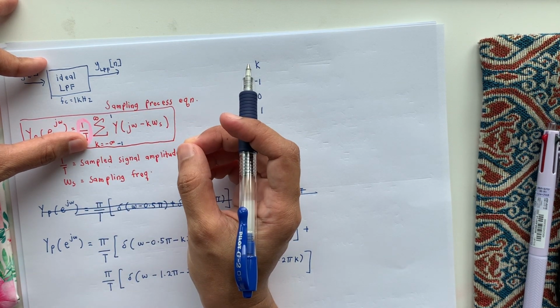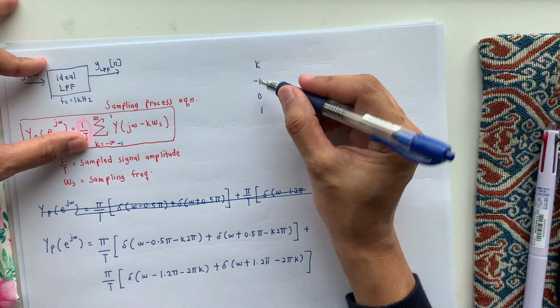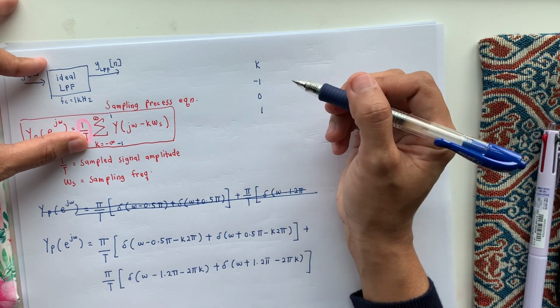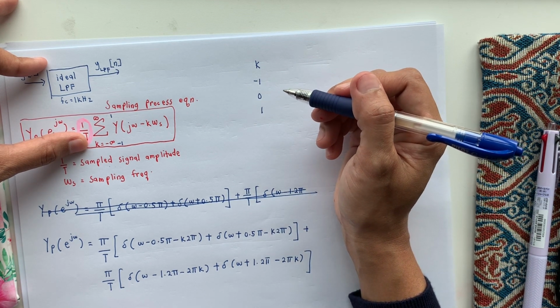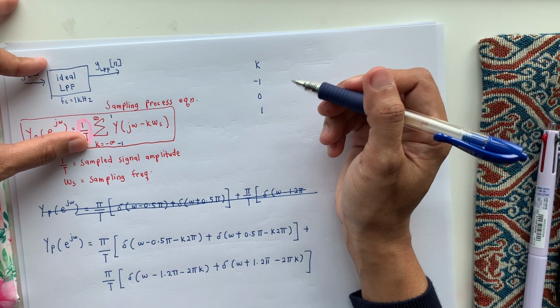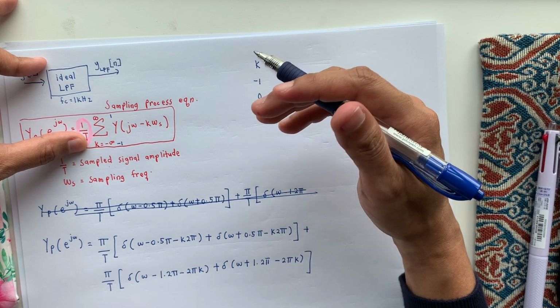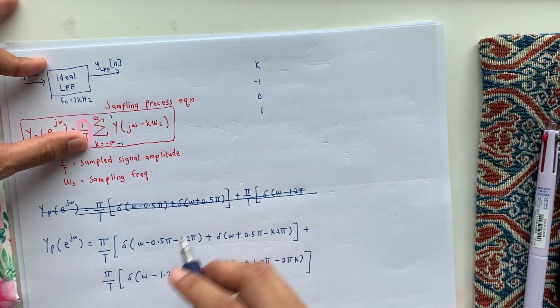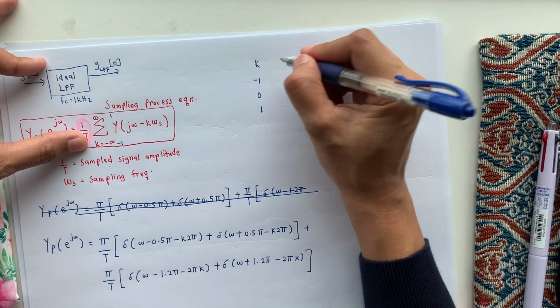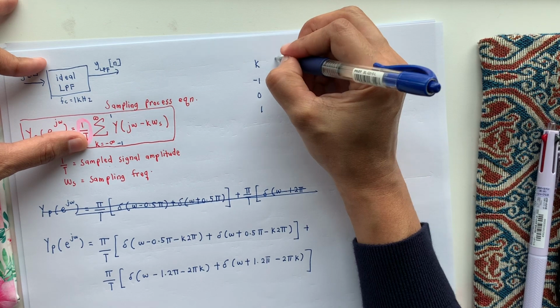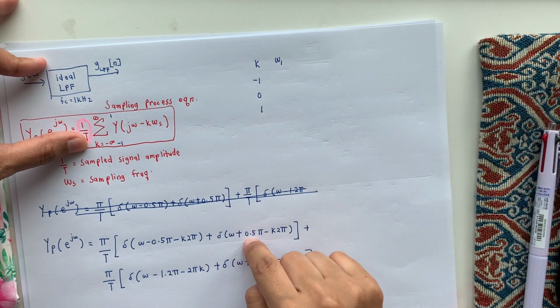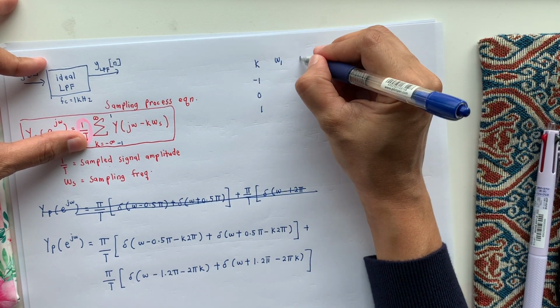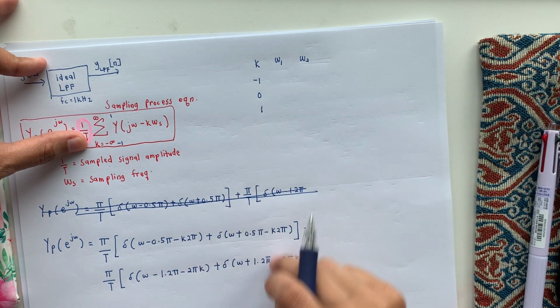But why do we have minus 1 to 1? Because we need to find the low pass and the high pass filter. We want to see the low pass frequency and high pass frequency. Next we have omega 1, which is referred to this one, and then we have omega 2, omega 3, omega 4.